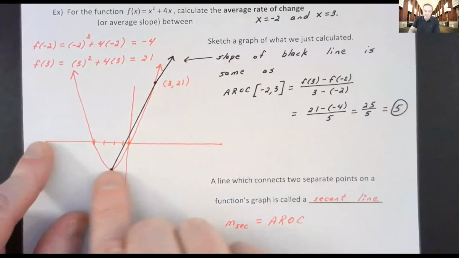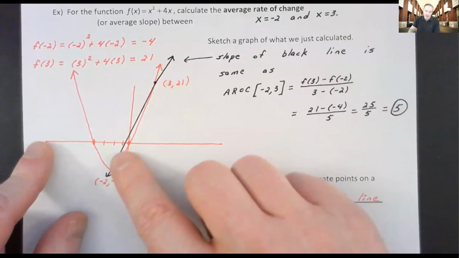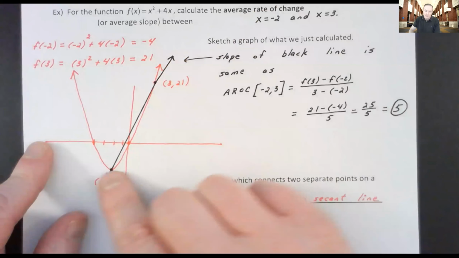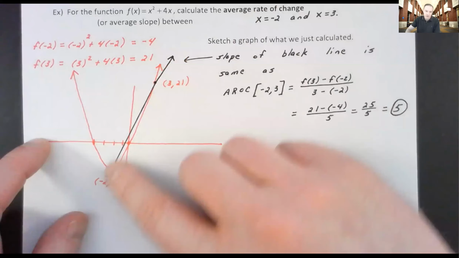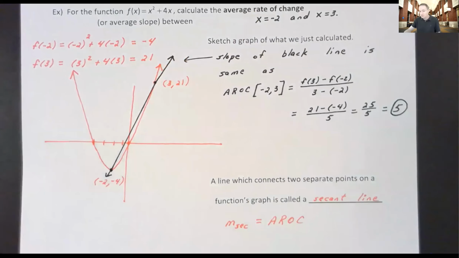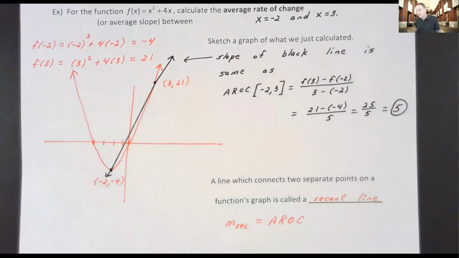Well, at -2, it's flattening out because you've hit the vertex there. It has a 0 slope, and then only after that do you start increasing. So it starts off with a way lower slope than this average rate of change. But on average, from -2 to 3, the slope of that black line is going to tell you what happens between -2 and 3 on that function.